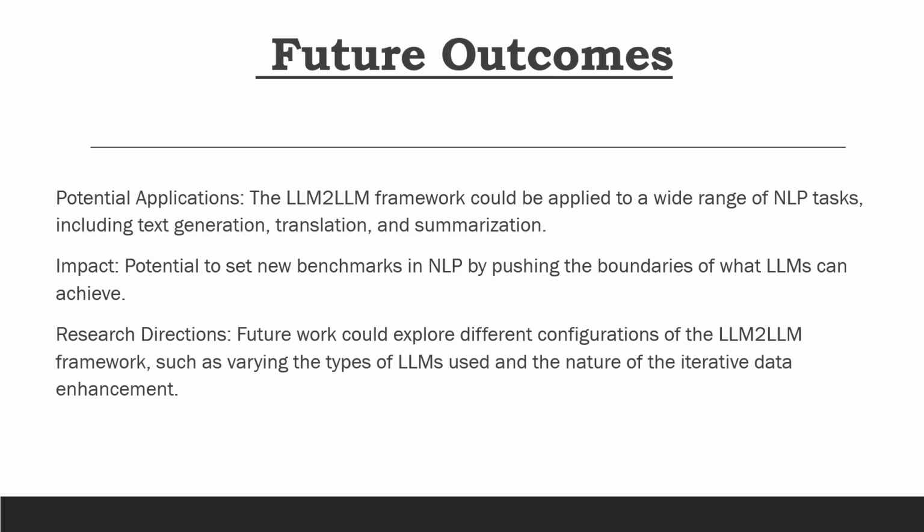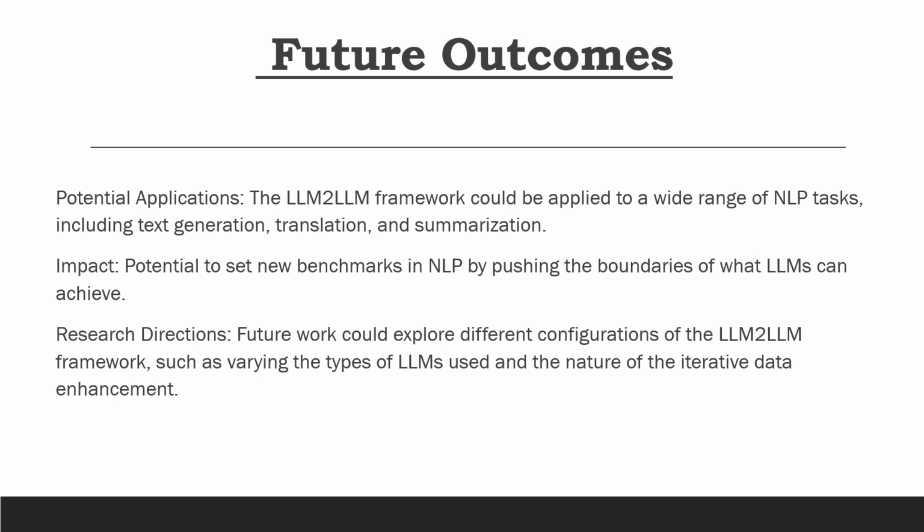Now, the future outcomes of this research. Currently scientists are working on this project, and there are certain future outcomes they can predict. For potential applications, the LLM2LLM framework could be applied to a wide range of NLP tasks, as I already mentioned before, including text generation, translation, and summarization.